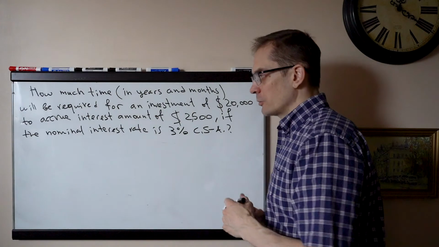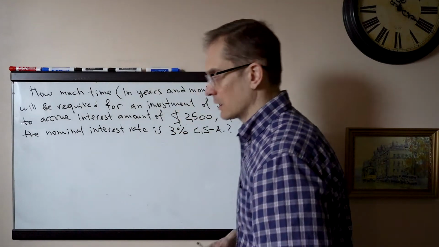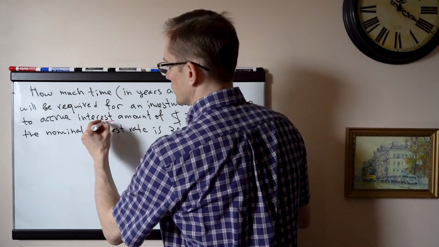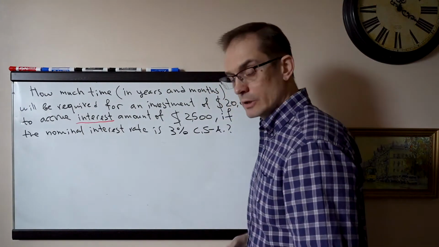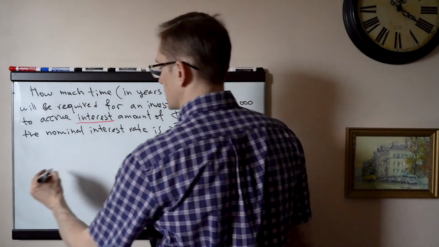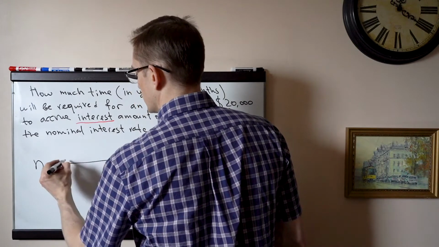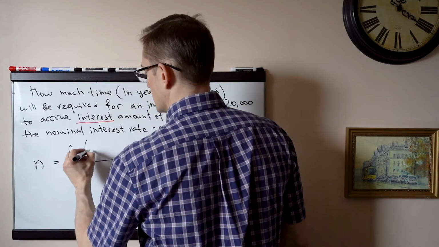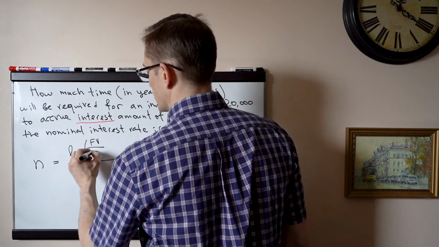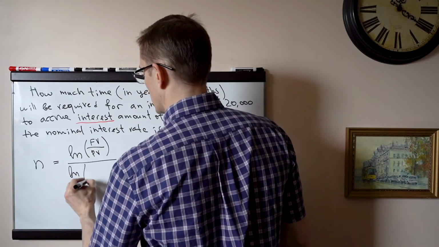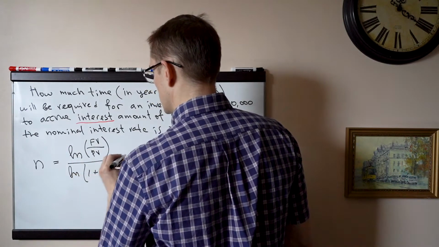So notice here we're not given the future value directly, but we're given the interest amount. What this means is that we can still use the formula, but we need to be careful when we put in the future value. So it's the logarithm of future value divided by present value, divided by the logarithm of 1 plus i.